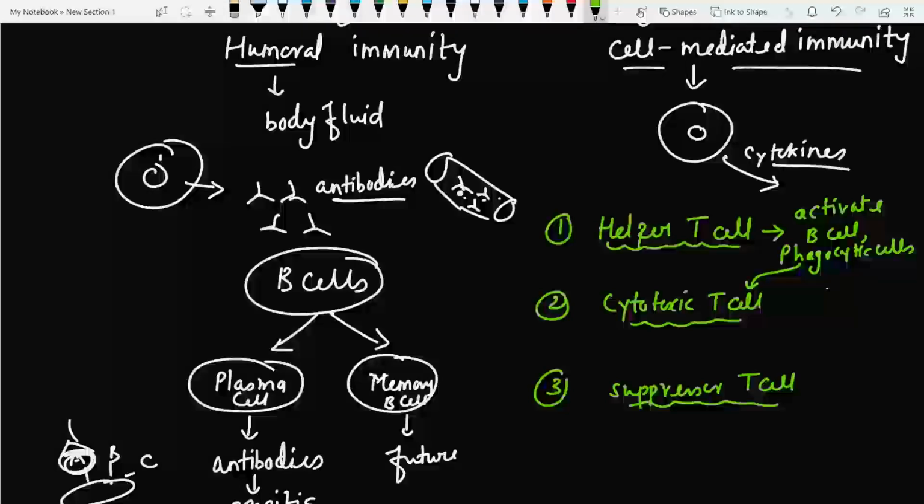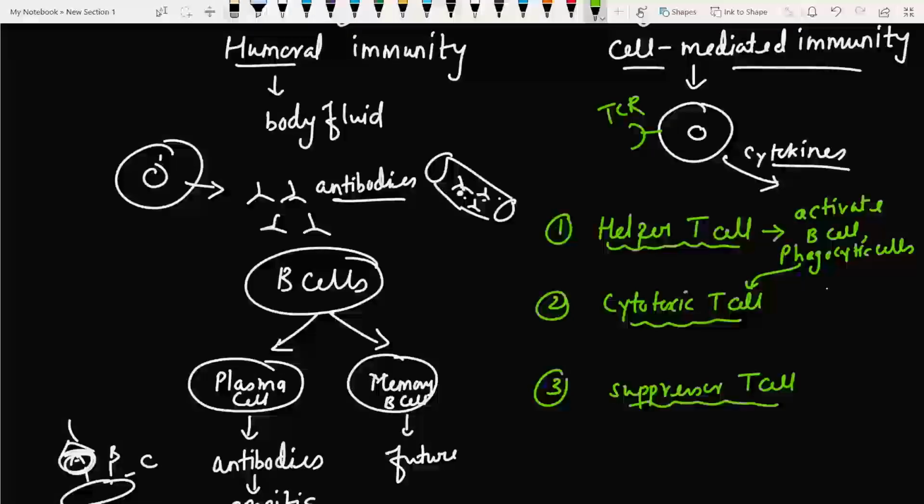Its role is to release cytokines and activate the other cells. About the cytotoxic cell, once it is activated, these are very specific. The T cells are also very specific to the specific antigen. They carry the T cell receptor on their surface, which will recognize the antigen when it is bound to the antigen presenting cell.